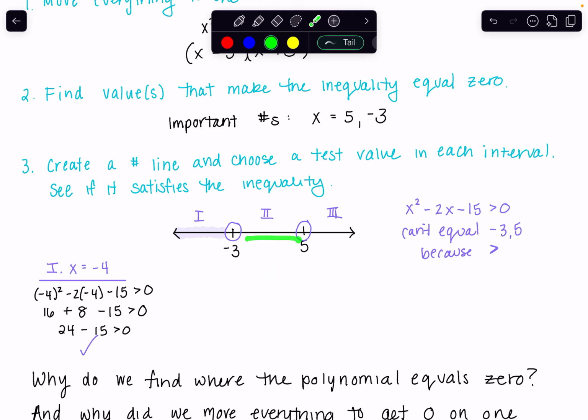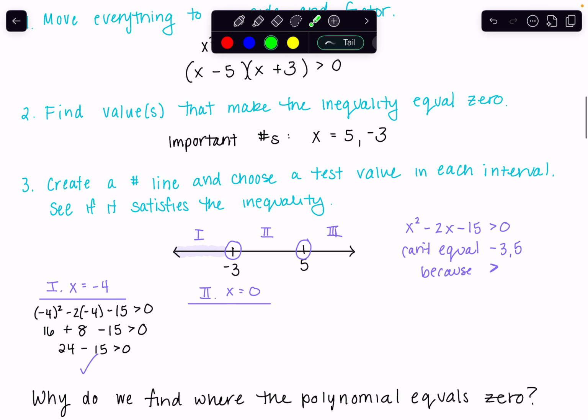So I should see now for the second interval, it's not going to work. That's where my function is negative. So if I pick something in interval 2, let's pick 0 because that's always really nice. You can pick negative 2, you can pick 1, whatever you want. And I'm going to go ahead and use this factored inequality to see if it works or not.